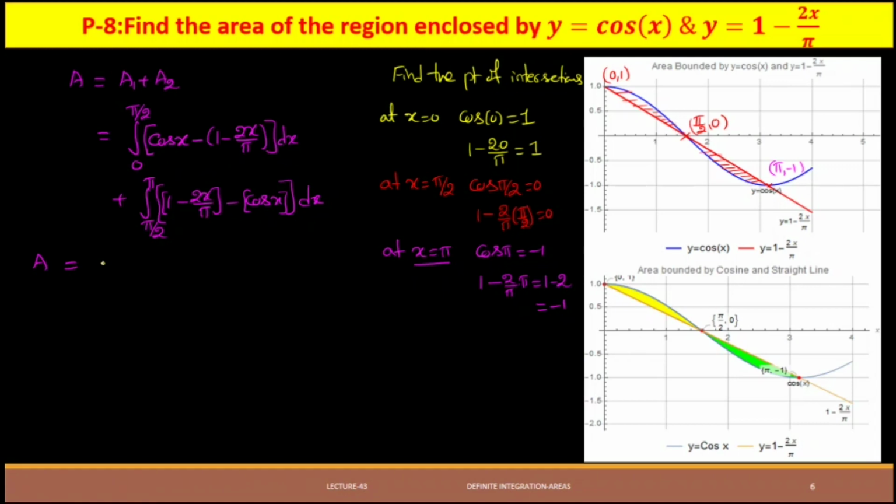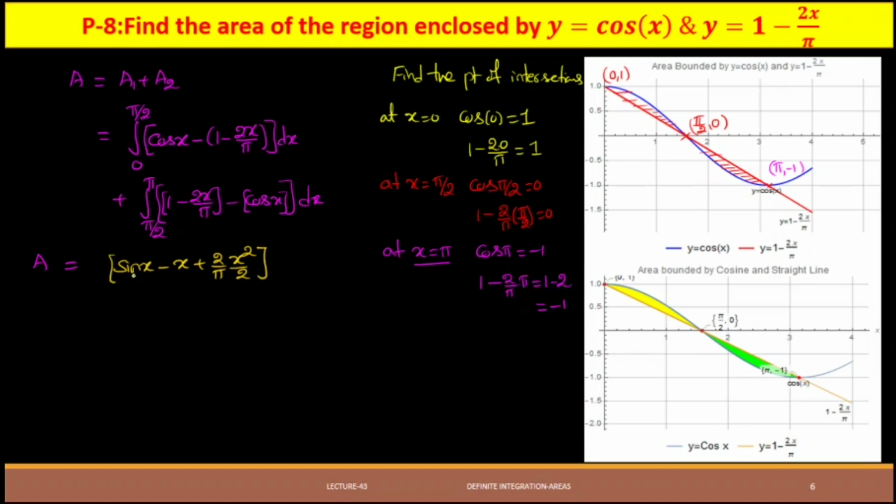So first integral, if I compute integration, cos x is sin x minus integral 1 is x plus 2 by pi into x square by 2.